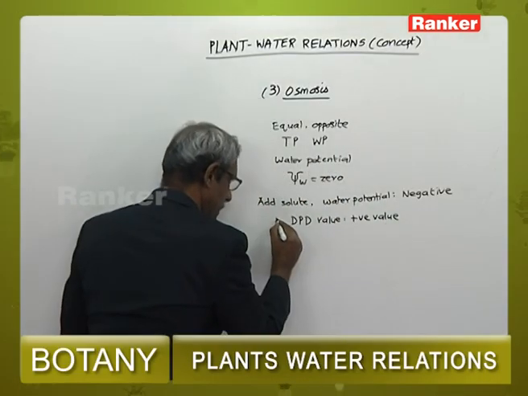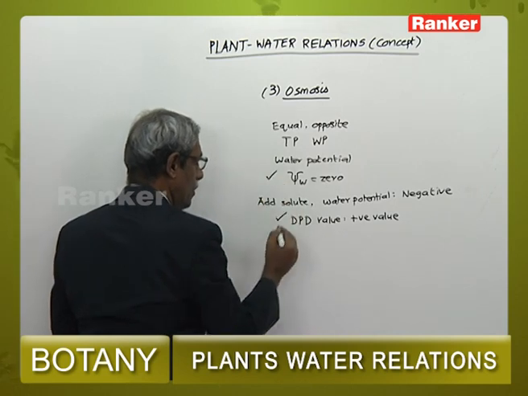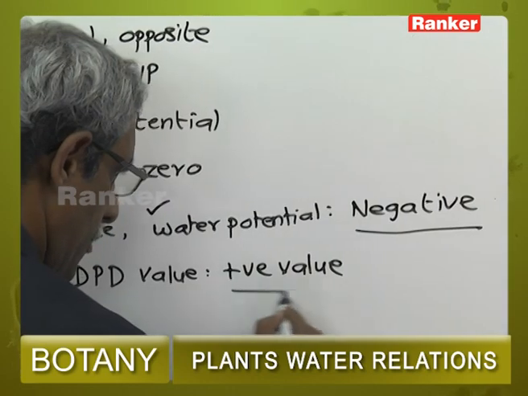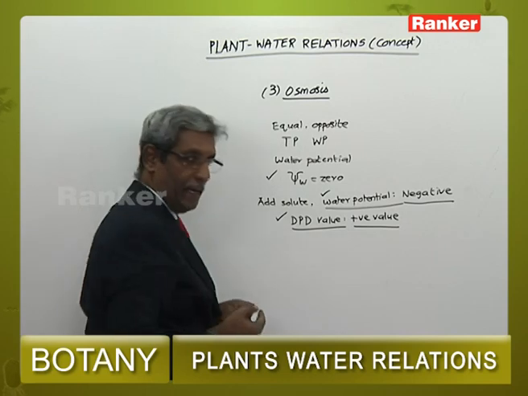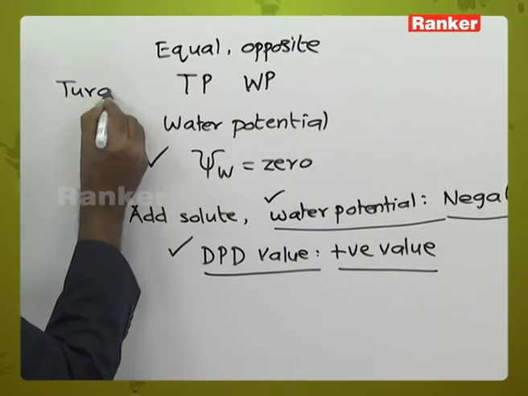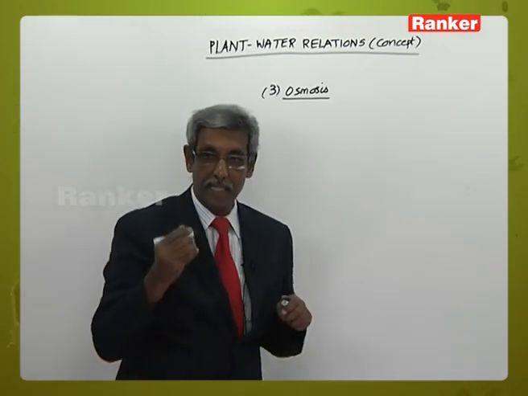It should be understood DPD has got a positive value, whereas water potential is normally given as a negative value. DPD has got a positive value, water potential has got a negative value. That is in turgid cells. What happens when cells are flaccid?